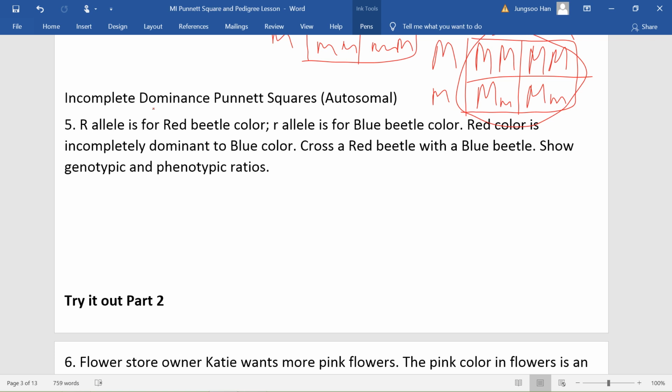So what's in between blue and red is actually purple. The problems will always state if it's incomplete dominance, codominance, a sex-linked trait, or just a regular Punnett square. Okay, so if an individual is big R, little r, they're actually going to have a purple beetle color.